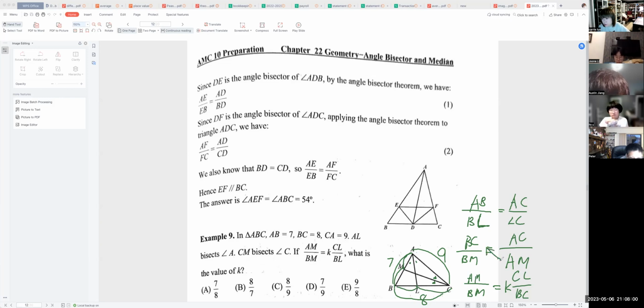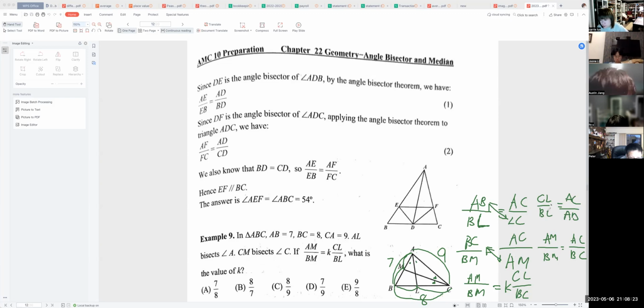I change these two: AM to BM equals AC to BC. I switch this one as well because I have CL and BL, so CL to BL equals AC to AB.